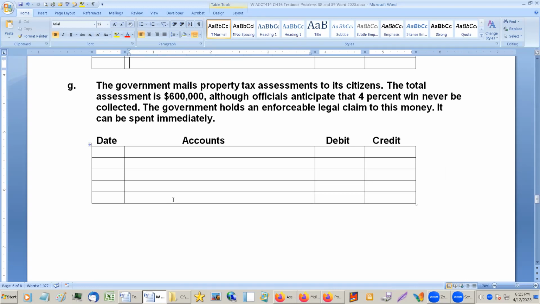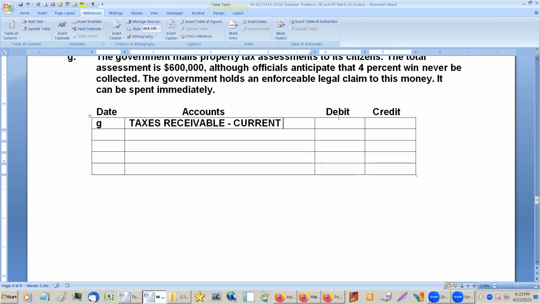Government nails tax. Yeah, okay, let's see here. What's the journal entry like with this one? Taxes receivable, 600,000, estimated uncollectible, and then revenue taxes. Yep, and this is asset going up.